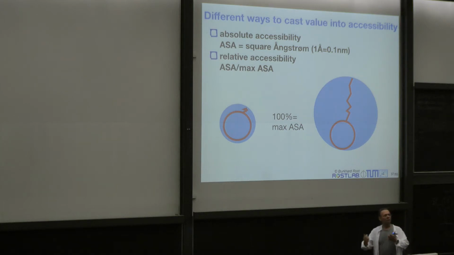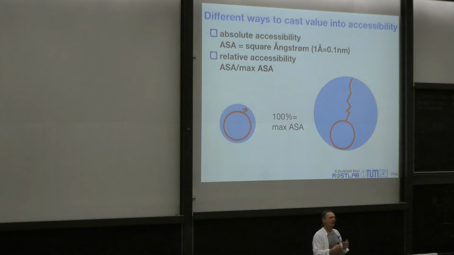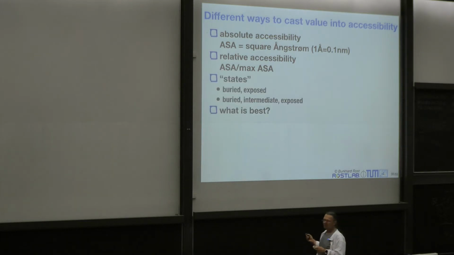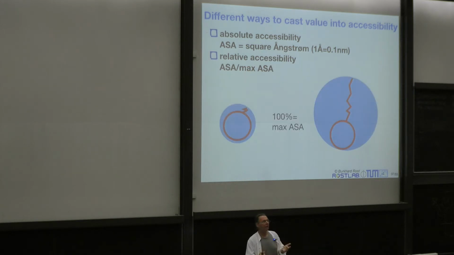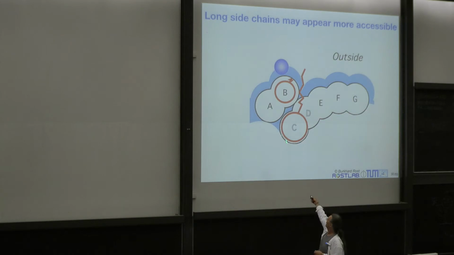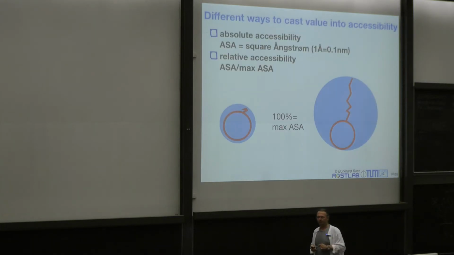So you ask what fraction of your side chain is covered by water. And if you do that, going back to this example here, with a percentage you would correctly classify that the B is more outside than the C.